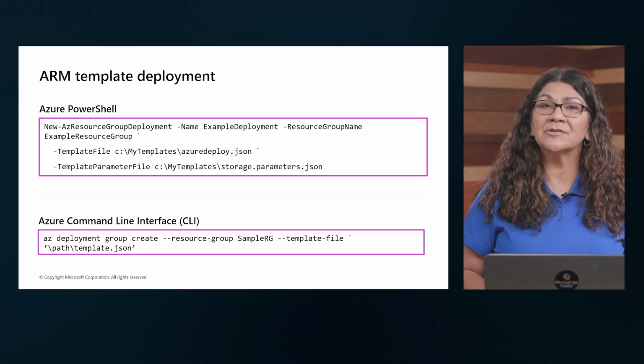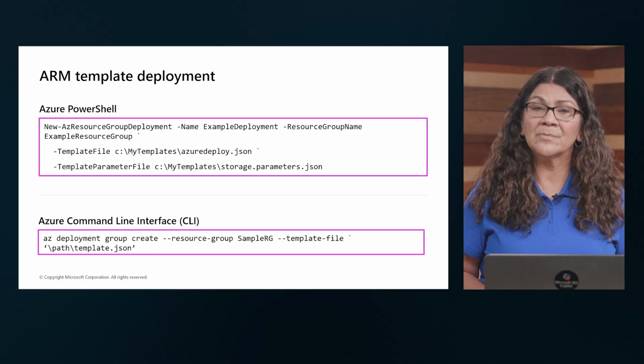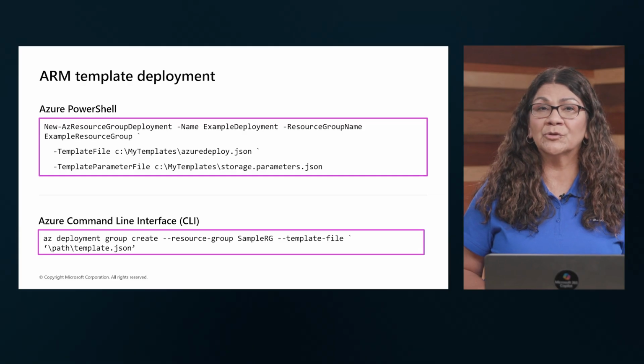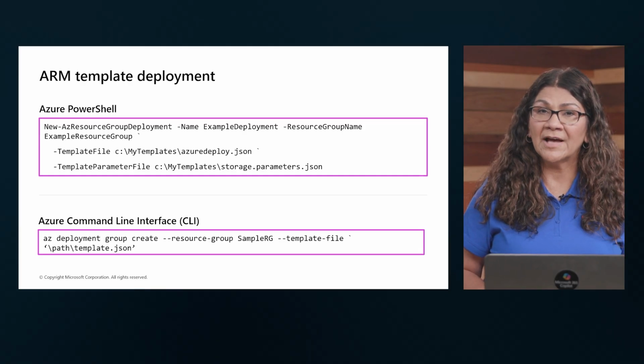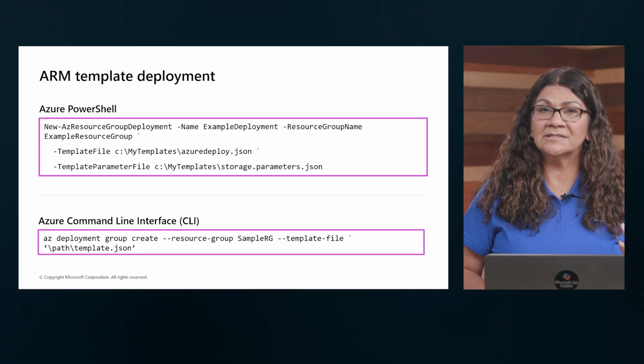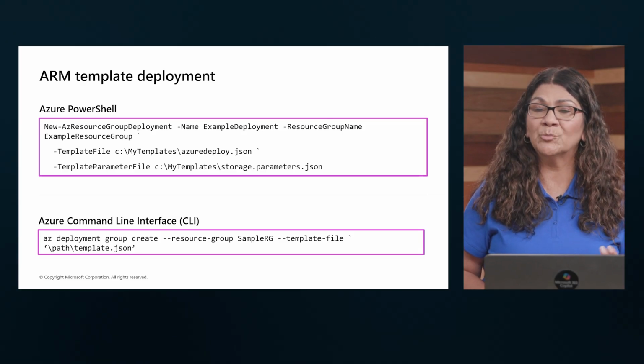It uses parameters like name, which works with the resource group name, template file, and template parameter file to define the deployment.